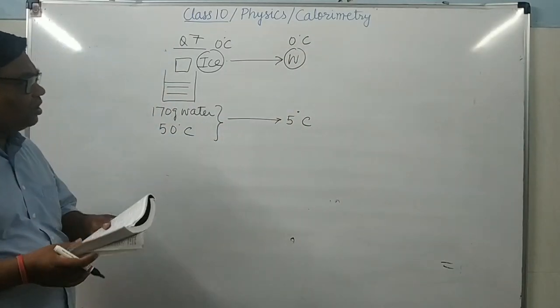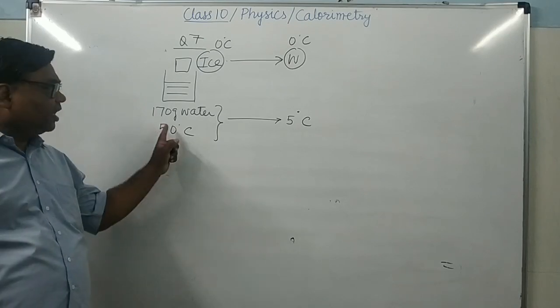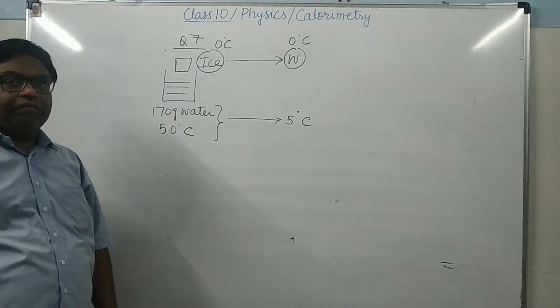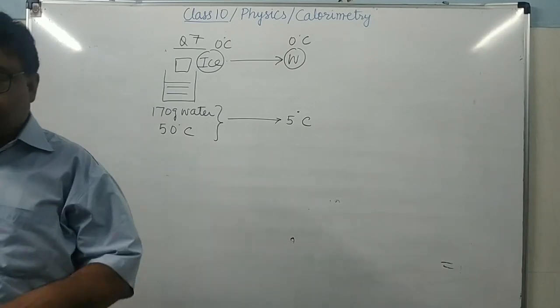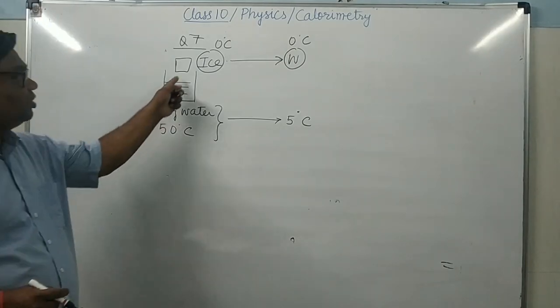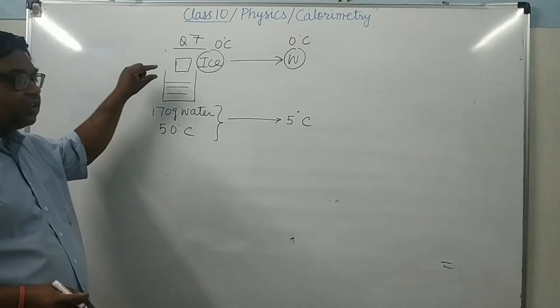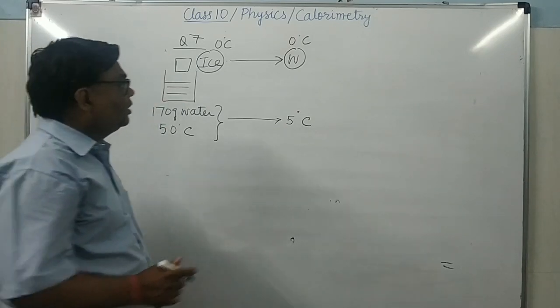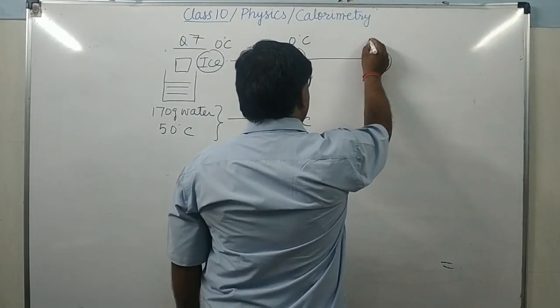But in the question, the final temperature is given 5 degrees Celsius because it has to cool it up to 5 degrees Celsius. So we will add so much ice that first it changes into water at 0 degrees Celsius, then it further absorbs the heat energy from here and changes into water at 5 degrees Celsius.